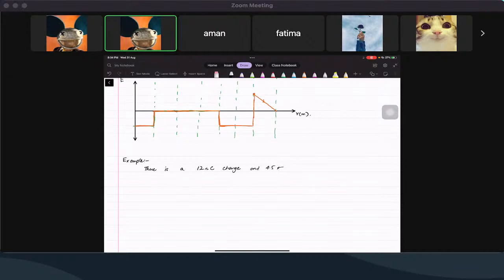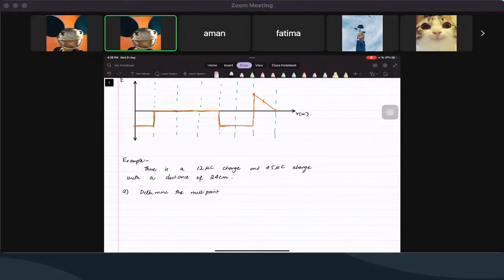In fact, let's not do nano, it will be too small. Microcoulomb, 4.5 microcoulomb charge with a distance of 24 centimeter. So first part, it says determine the null point.